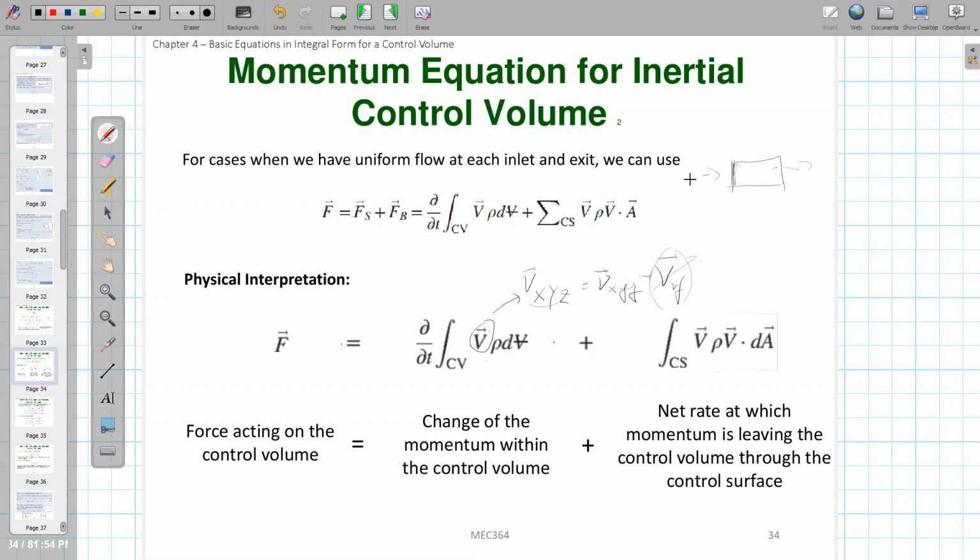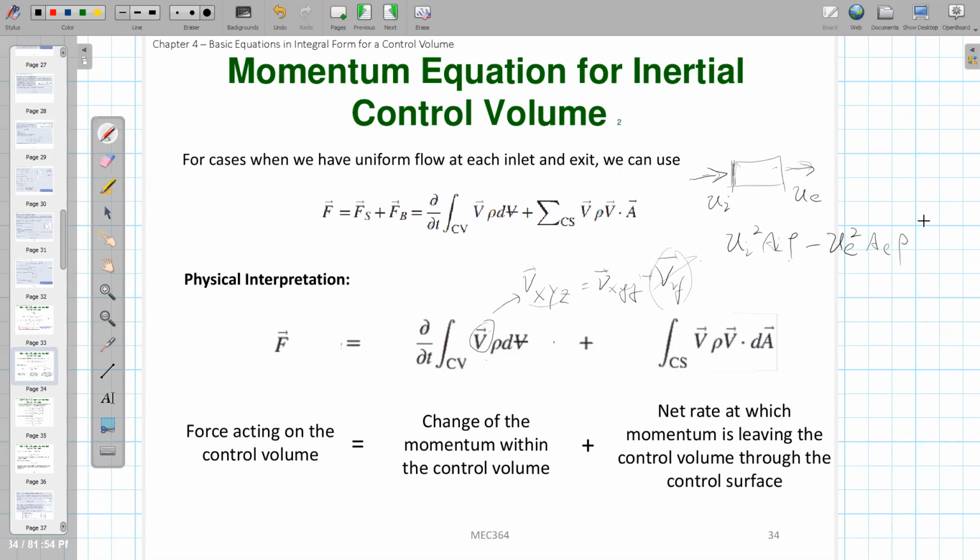So what is moving in and what is moving out? Let's assume that you have u of i as in and u of e as out. So basically that should be ui square times ai times rho, minus u of e square times a of e times rho, right?